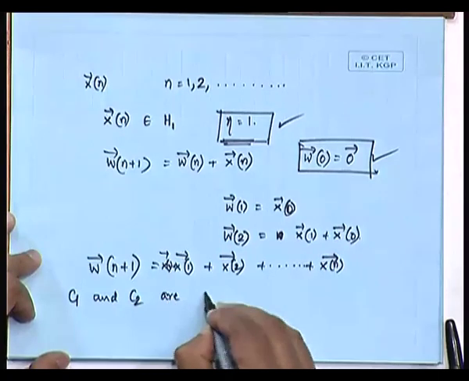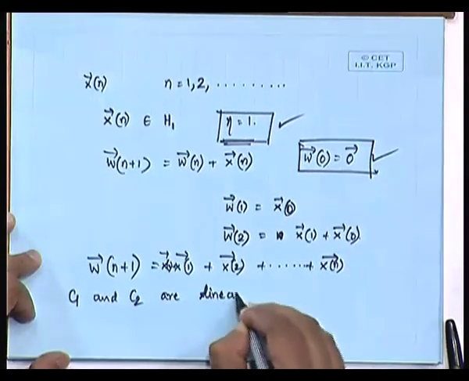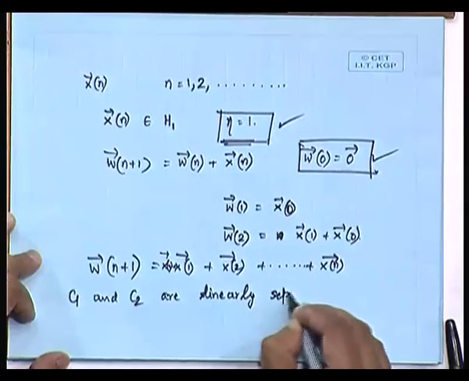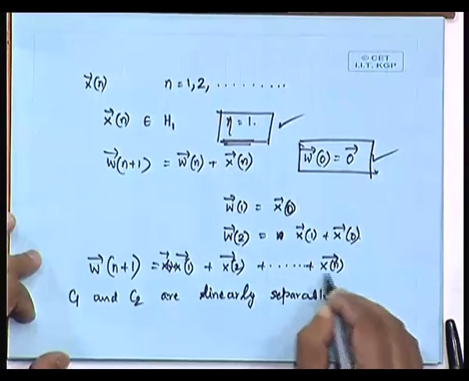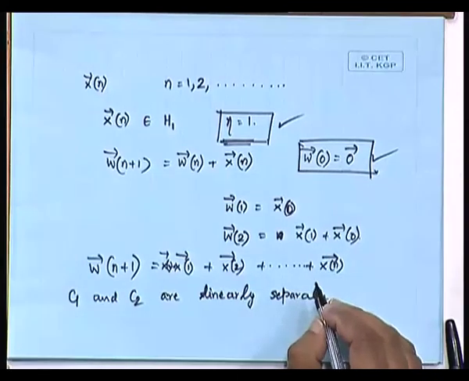The basic fact that C1 and C2 are linearly separable means that although misclassification has occurred so far in these n patterns, a solution definitely exists. Because it is linearly separable, the solution exists, but so far we have not reached that solution. So, the solution exists, and because the solution exists, we can find a solution.